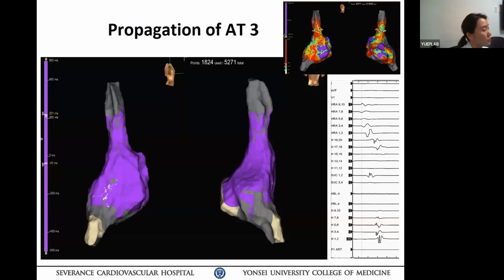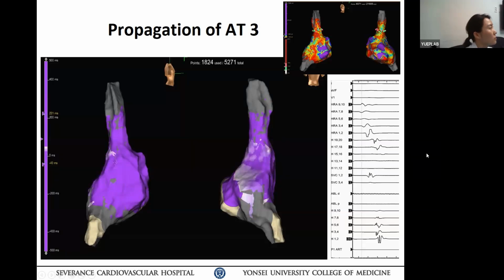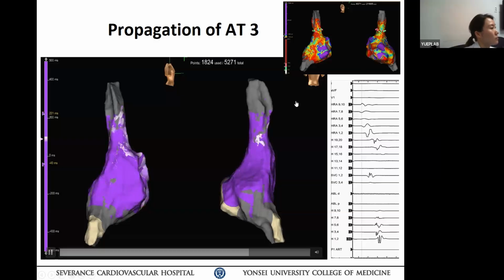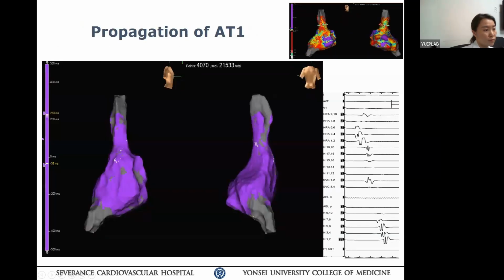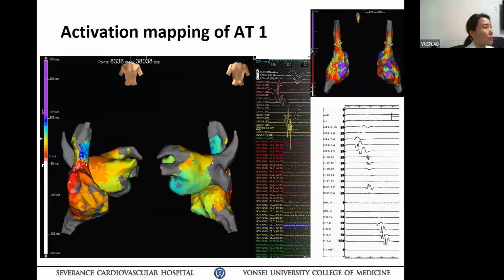Was SVC isolation important in this case, or could we have done just a line from the IVC or SVC? It's the operator's discretion, but I do not do circular SVC isolation, because several days ago I already told you I have experience of SVC isolation in a 91-year-old man. Eventually, the last point was phrenic capture.